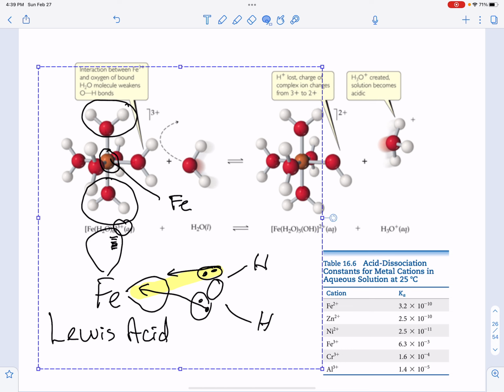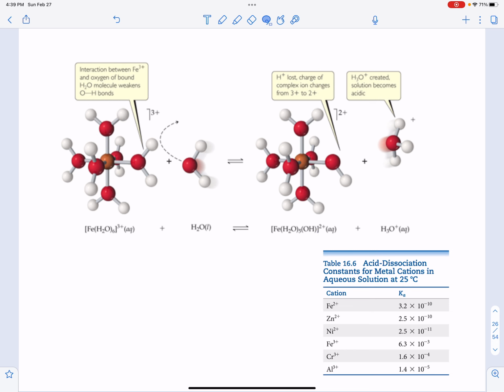So why do we call that a Lewis acid? Why acid? Why Lewis acid? Well, the moment these lone pairs go toward the acid, this develops, not really, but imagine that it develops a partially positive charge, which means it's going to attract the electrons on these bonds.